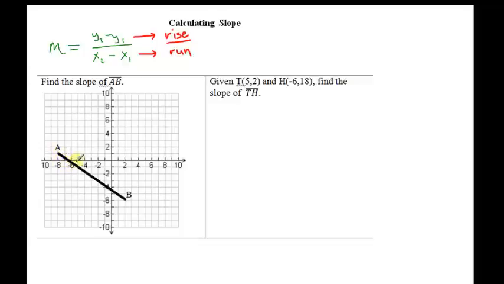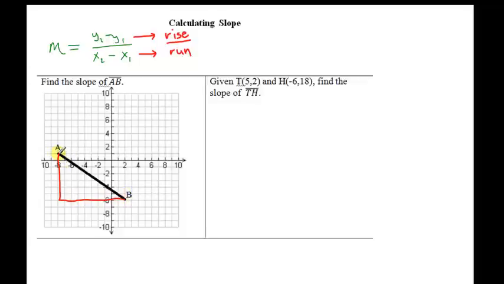If you go from A to B, first of all, what kind of slope is that? Positive, negative, 0, undefined. Hopefully you're saying negative to me right now. Anyway, if we go from A to B and we look at the distance that we drop, we build a right triangle like we did when we did the distance formula. We are going to count that drop and that run across. So the rise is this vertical and the run is this across here.